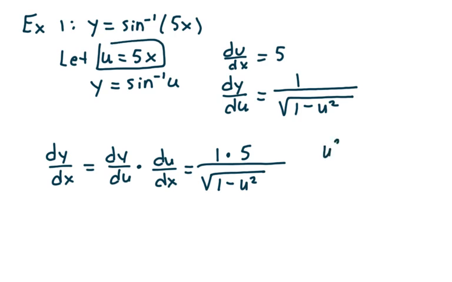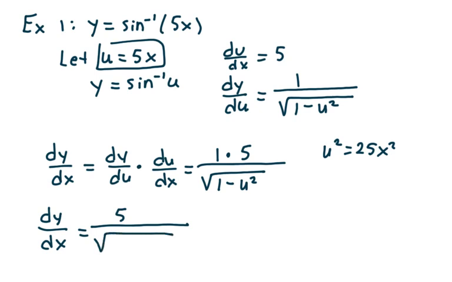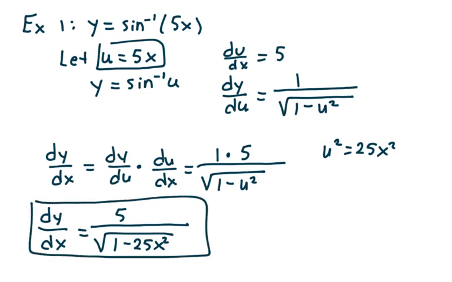So if I take u and square it, I get 25x squared. 5 squared is 25, and then I just square the x. So dy dx is 5 divided by the square root of 1 minus 25x squared. And that's how we do the first example.